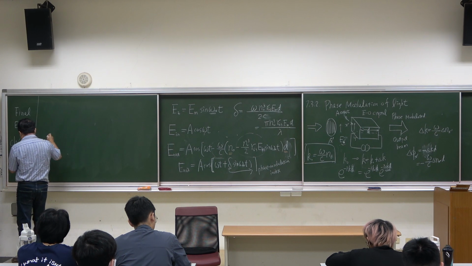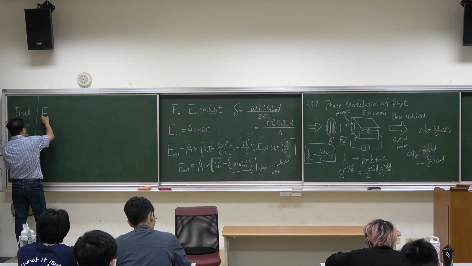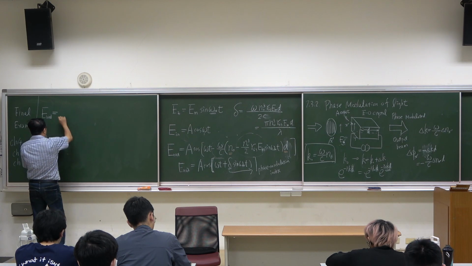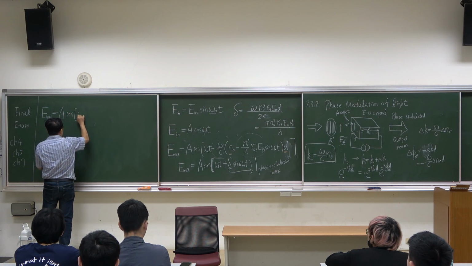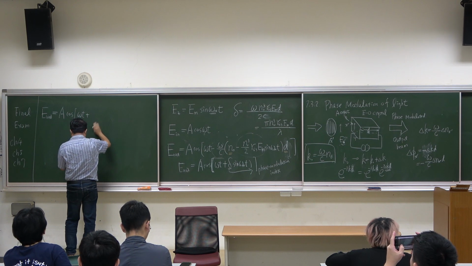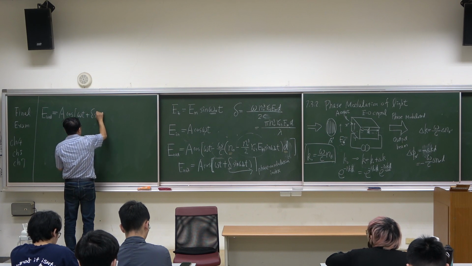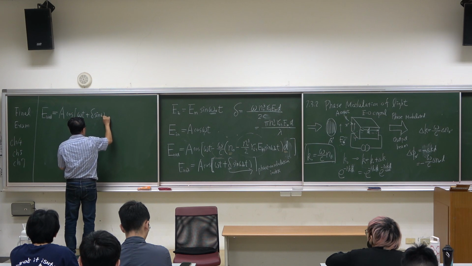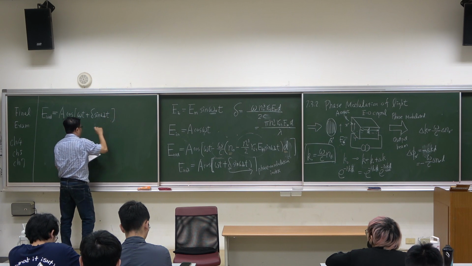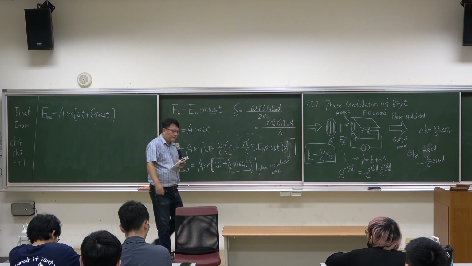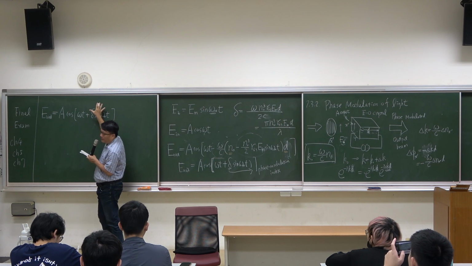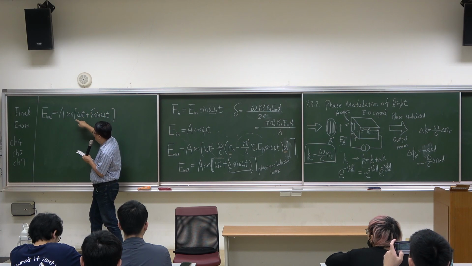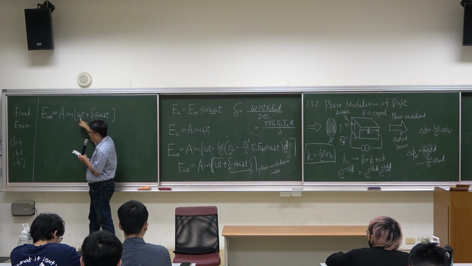So now we have this form of output field after modulation. Without this term, we have cosine omega t.